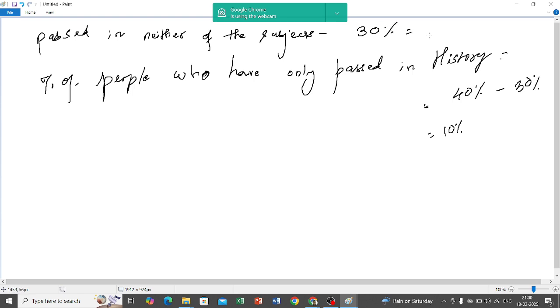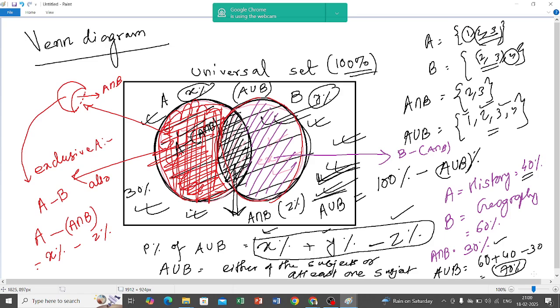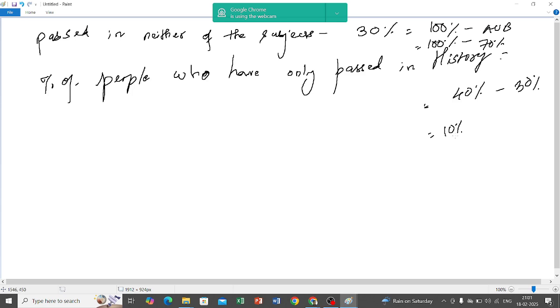How is it 30%? I subtracted A union B from 100%. A union B, that is 70, I have already got over here. So 70% subtracted from 100%, I am getting 30%. Percentage of people who have passed in neither of the subjects.